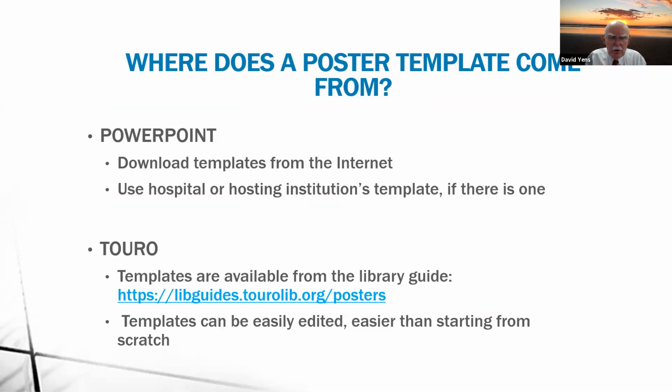If you search something like research poster template, you'll get about 1,000. Some of them cost money, some of them don't. Most of them are filled in. So what you have to do is take the filled in one, edit it, take out what's there, and put in what you want to put in. And it's quite a piece of work.